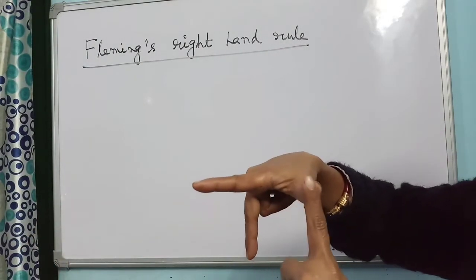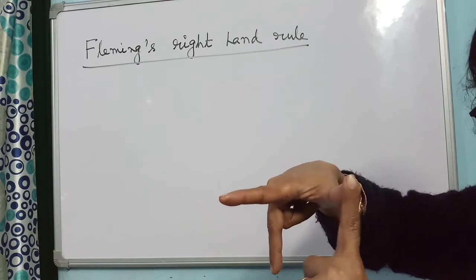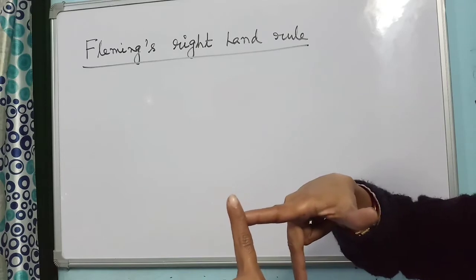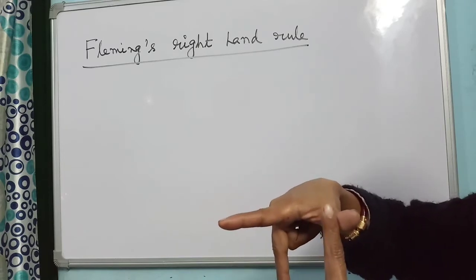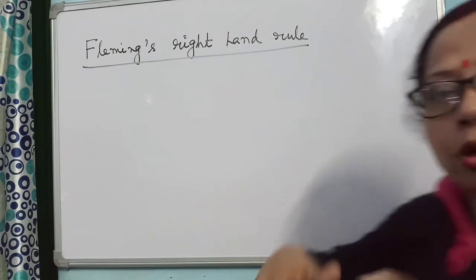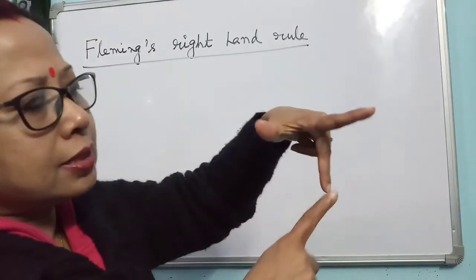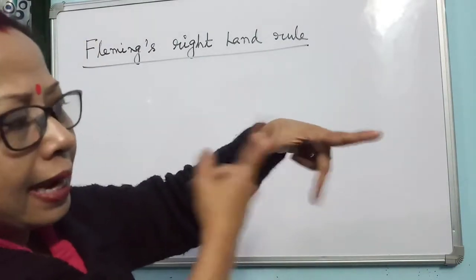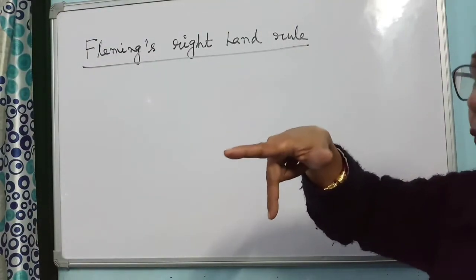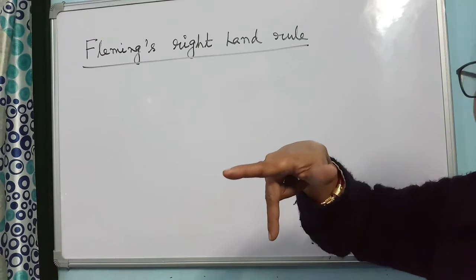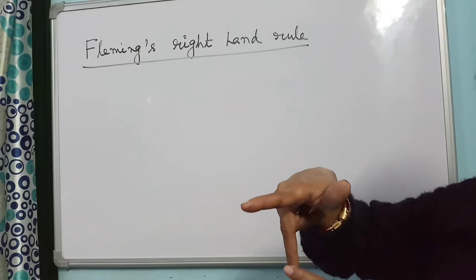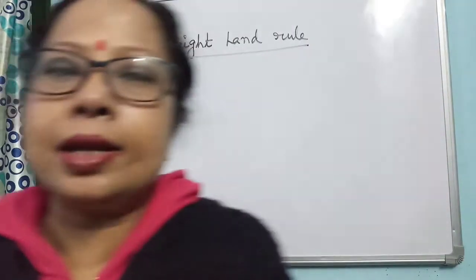The conductor is moving in a magnetic field, so the magnetic flux is changing and that's why a current is induced. In Fleming's left hand rule, first is the conductor, then the magnetic field, then the thumb comes. But in Fleming's right hand rule, first is the thumb, then the magnetic field, then the current comes. So be very, very careful.